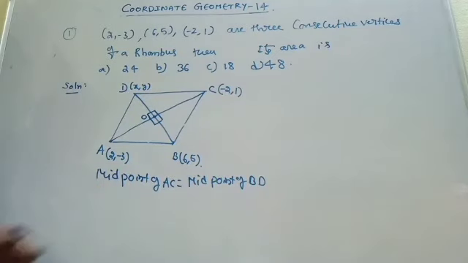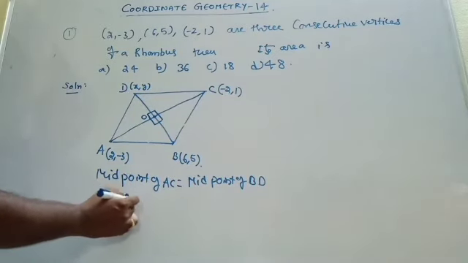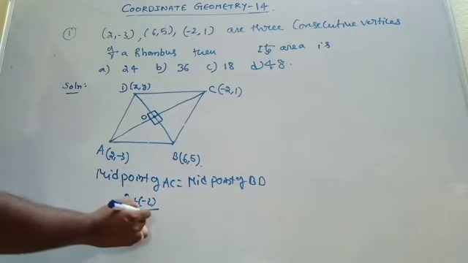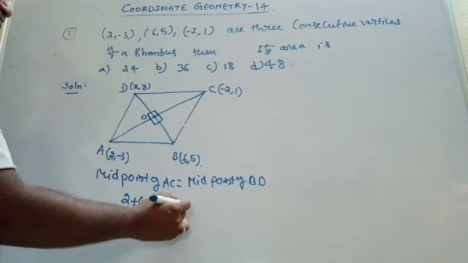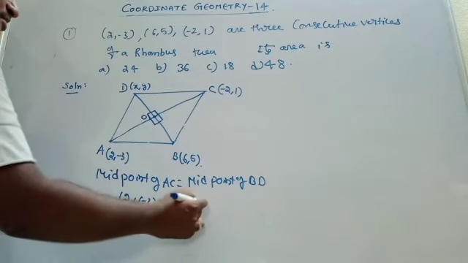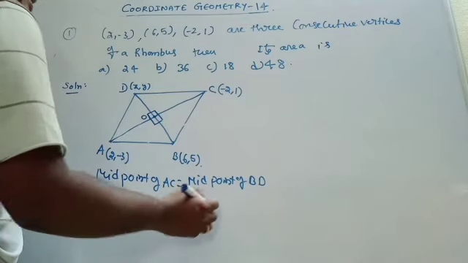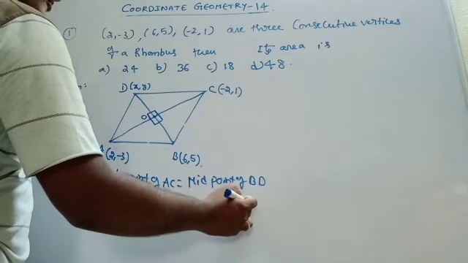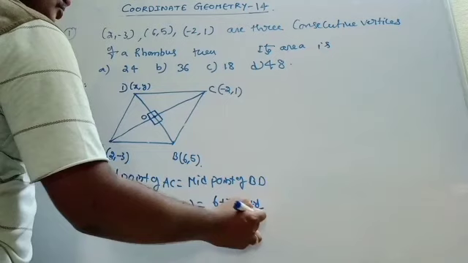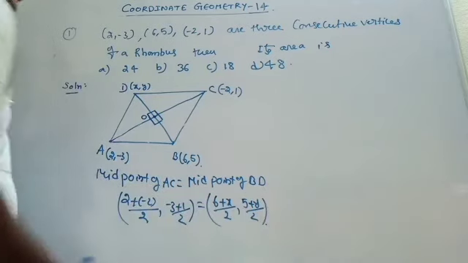Midpoint of AC is nothing but (2 plus minus 2)/2 comma (-3 plus 1)/2. This is equal to the midpoint of BD, that is (6 plus x)/2 comma (5 plus y)/2.